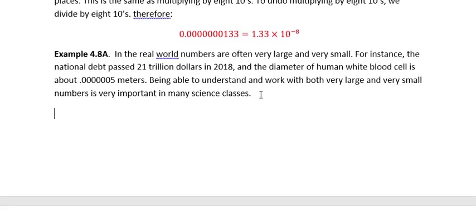Try and put this down. So it says in the real world, numbers are often very large and often very small. The national debt passed $21 trillion in 2018, and the diameter of a human white blood cell is 0.000005 meters. Being able to understand and work with both very large and very small numbers is extremely useful in many science classes.